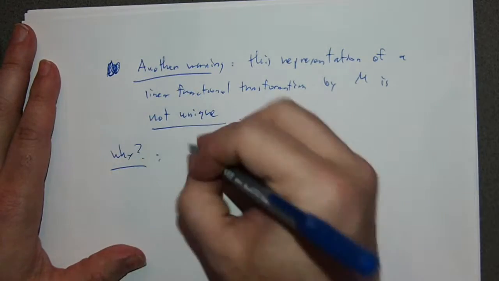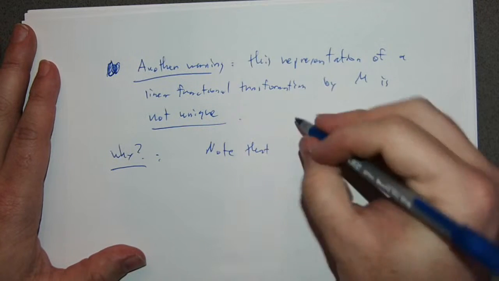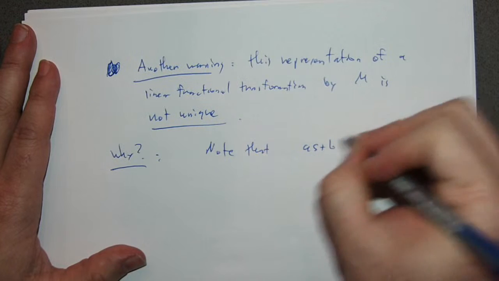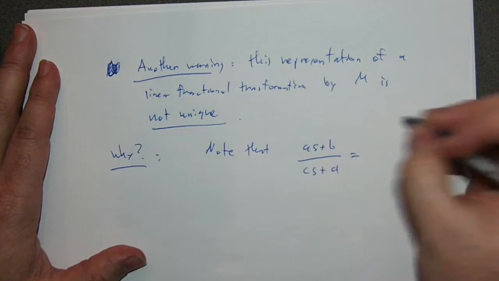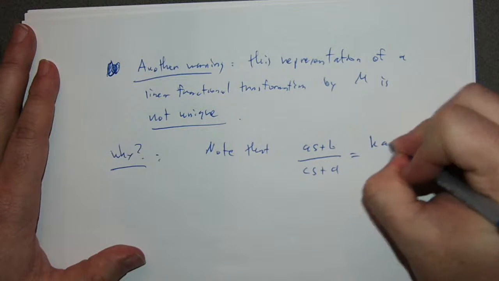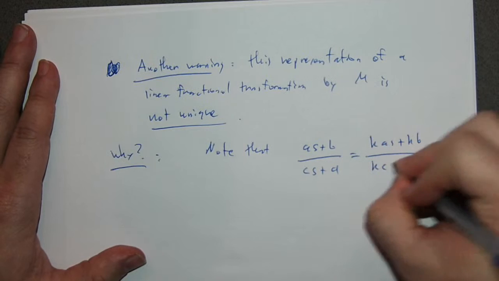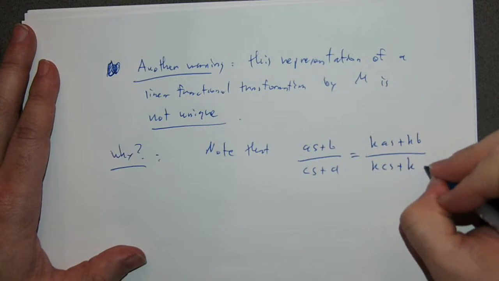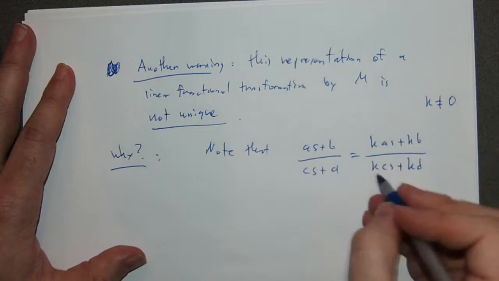Well, the answer is, note that the two fractions (as + b)/(cs + d) and (kas + kb)/(kcs + kd), where k is not 0, are equal.